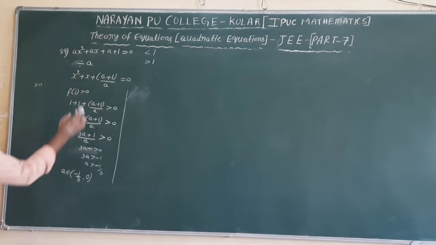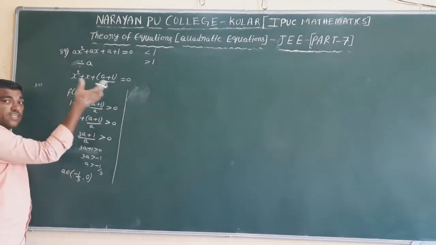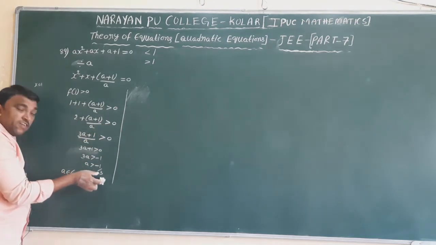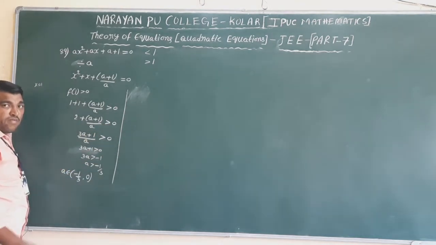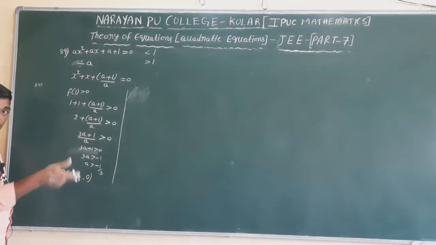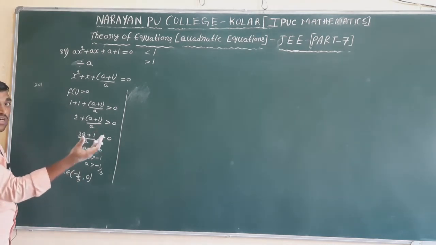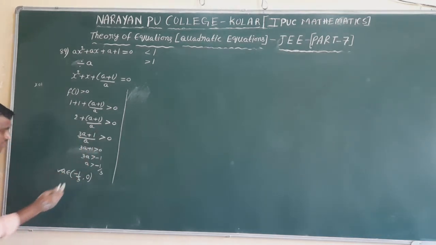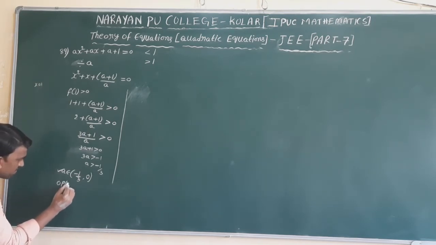Even though f of 1 is less than 0, you will get a negative number only, a is less than minus 1 by 3 only. We didn't get the positive number. That's what we need to take. So option C is correct.